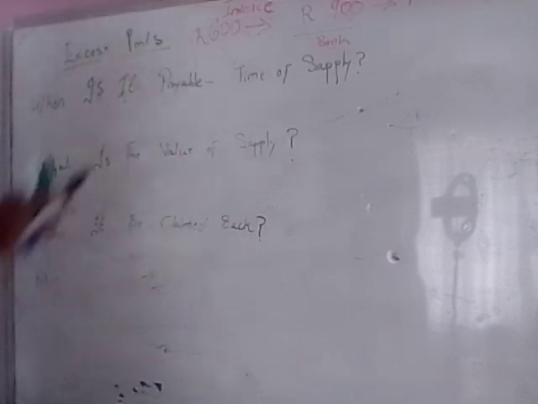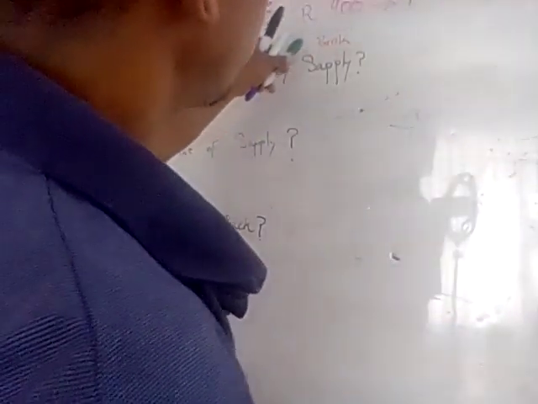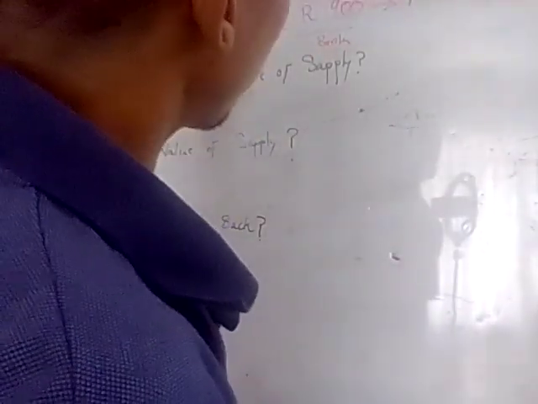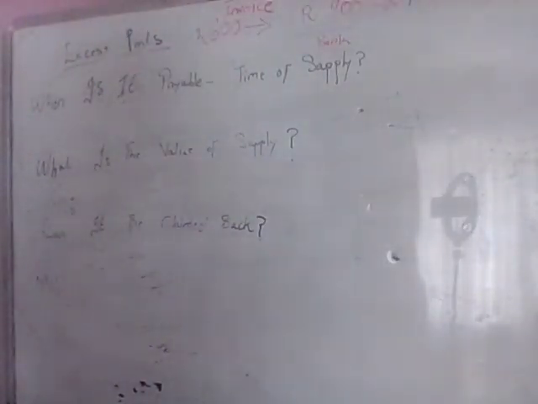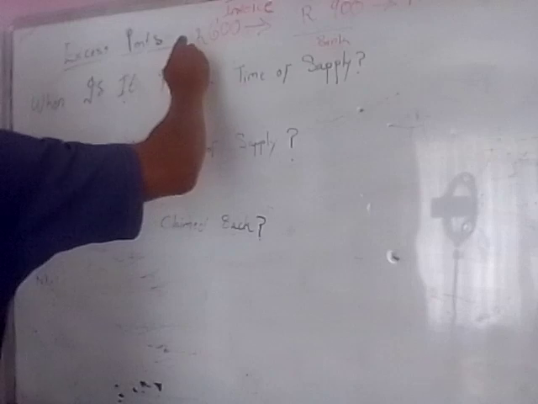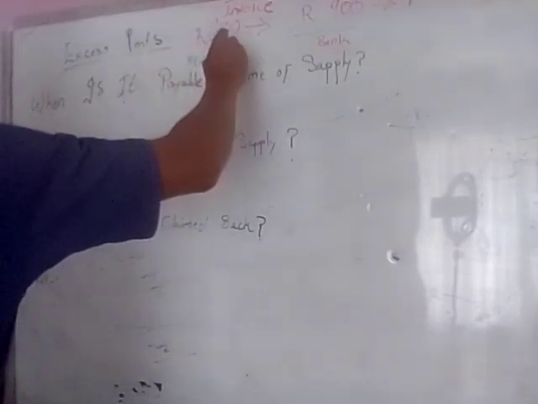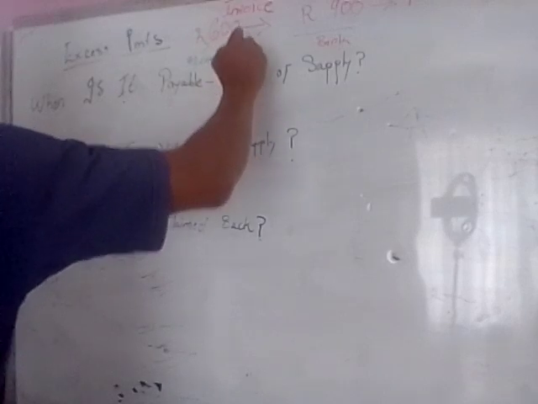So in red over here, I've said we've got an invoice for 600 rands. A particular customer was invoiced for that amount. Let's say he was invoiced on the 1st of Jan 2023, right?